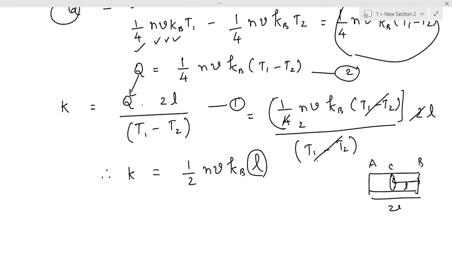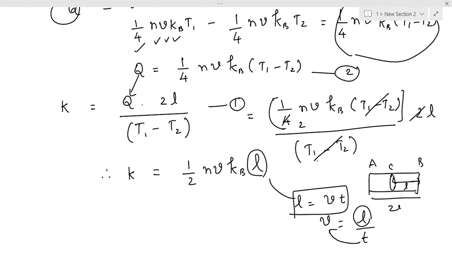We know in physics, distance is equal to velocity into time. The collision time or the relaxation time will be the same when thermal electrons are concerned. Because velocity is equal to distance travelled by time taken, distance is equal to velocity into time. So now we are going to replace this with L.